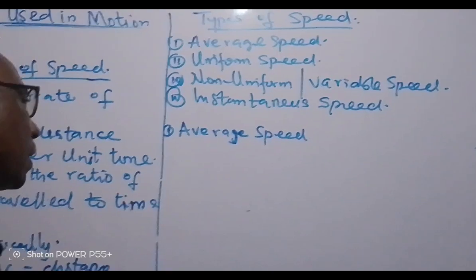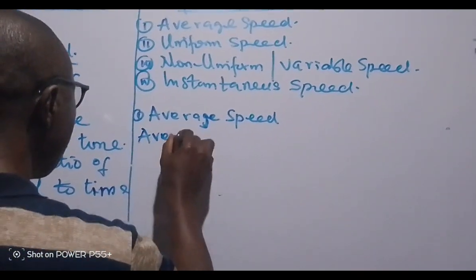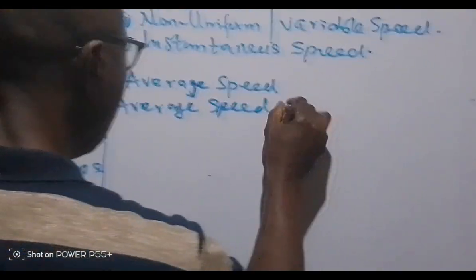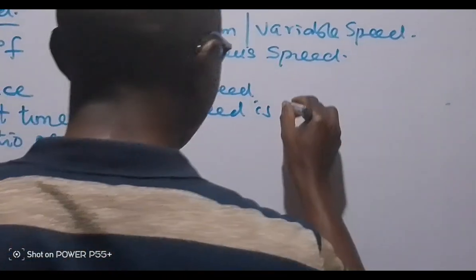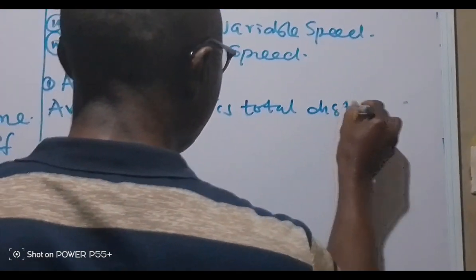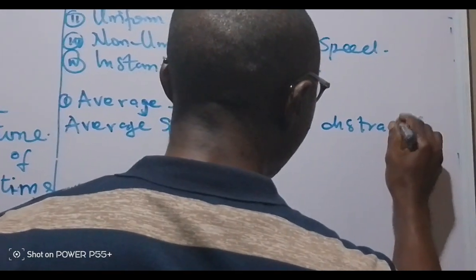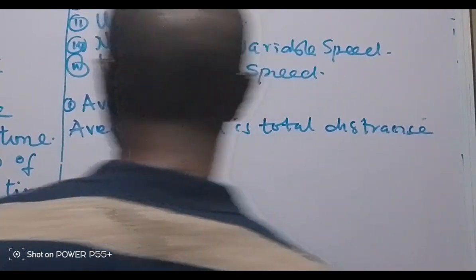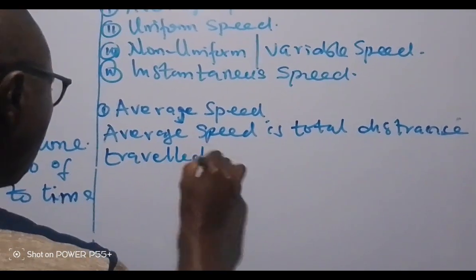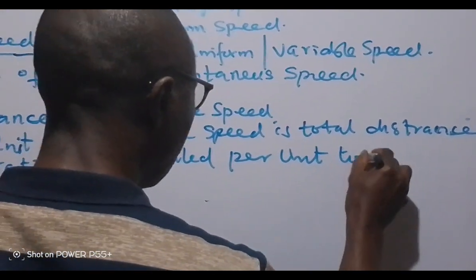Average speed. Average speed is total distance traveled per unit time.